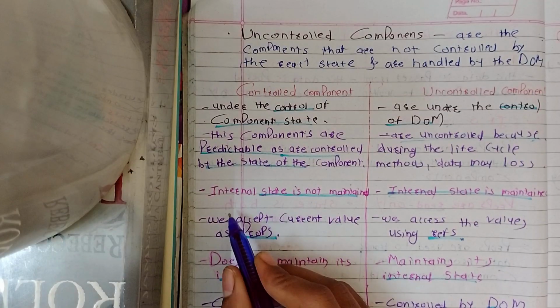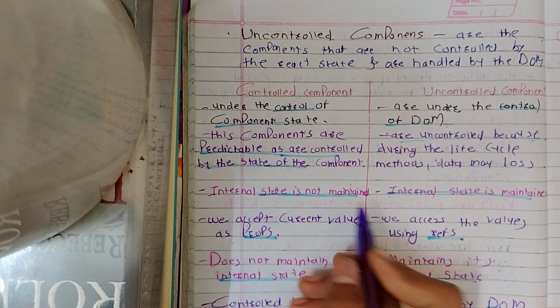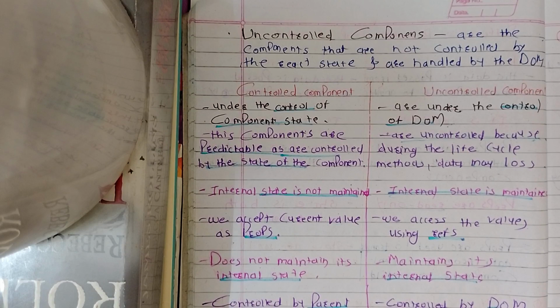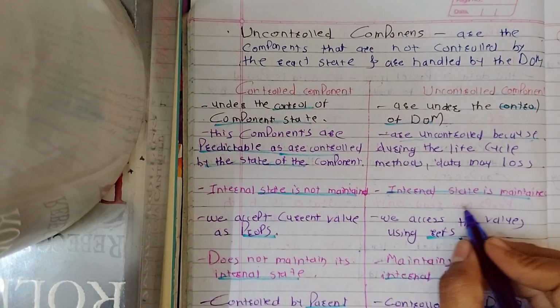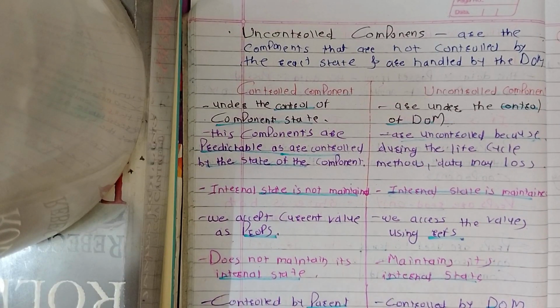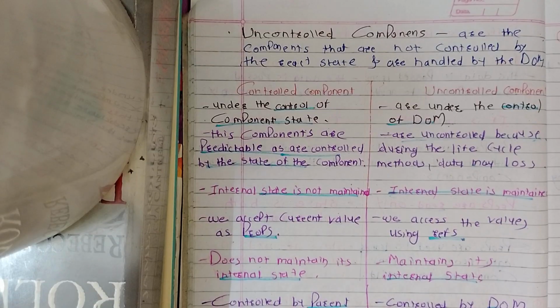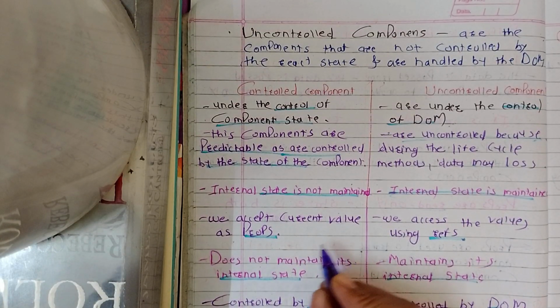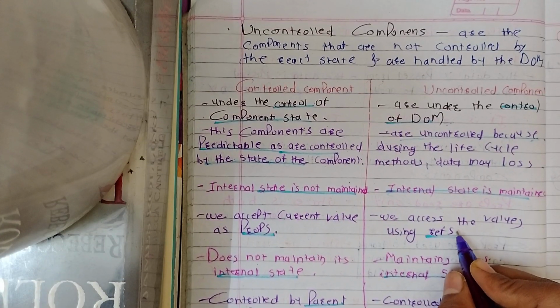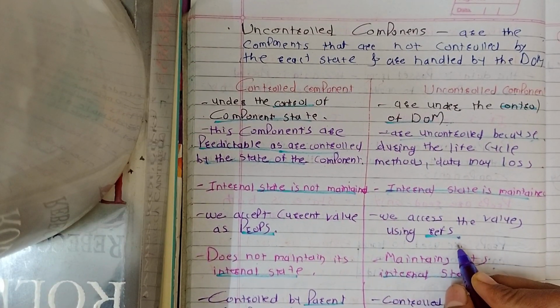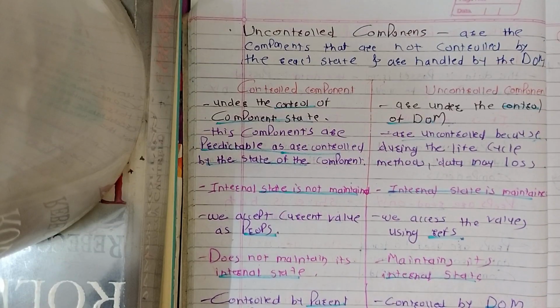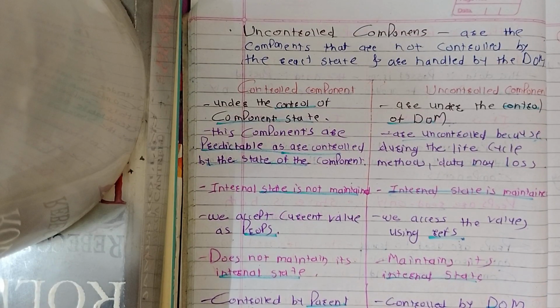Then, internal state is not maintained in a controlled component, whereas here internal state is maintained. In a controlled component we accept the current value as props, and in an uncontrolled component we access the values using refs, references.